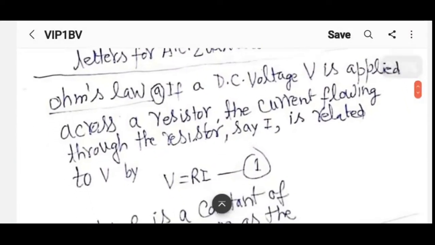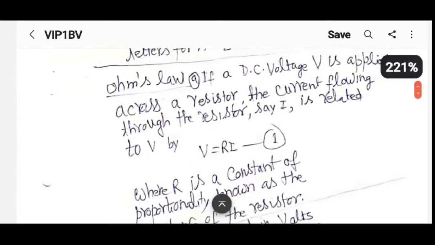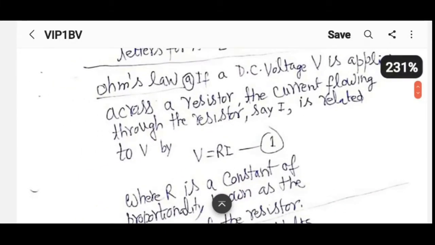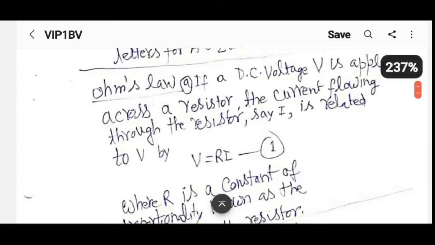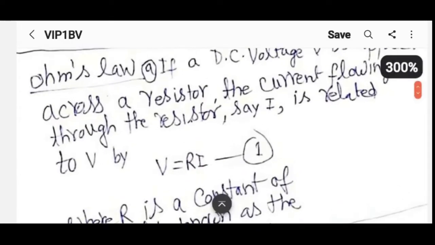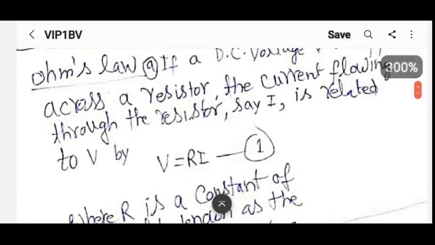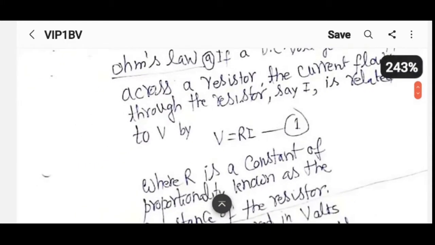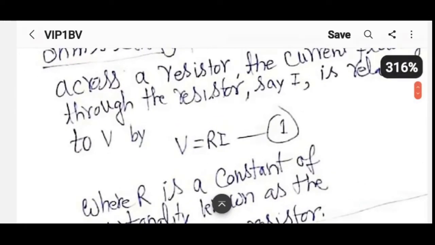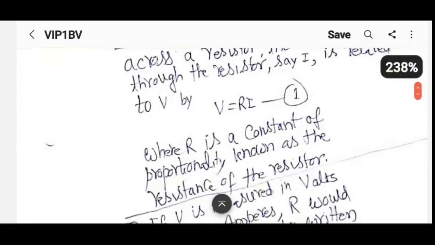Ohm's law, you know it very well. No need to spend too much time on it. If you apply a certain voltage across a resistor, the current produced is related to the voltage applied by this formula, V equal to Ri, where R is the resistance of the resistor in ohms, assuming that you are measuring voltage in volts and current in amperes.